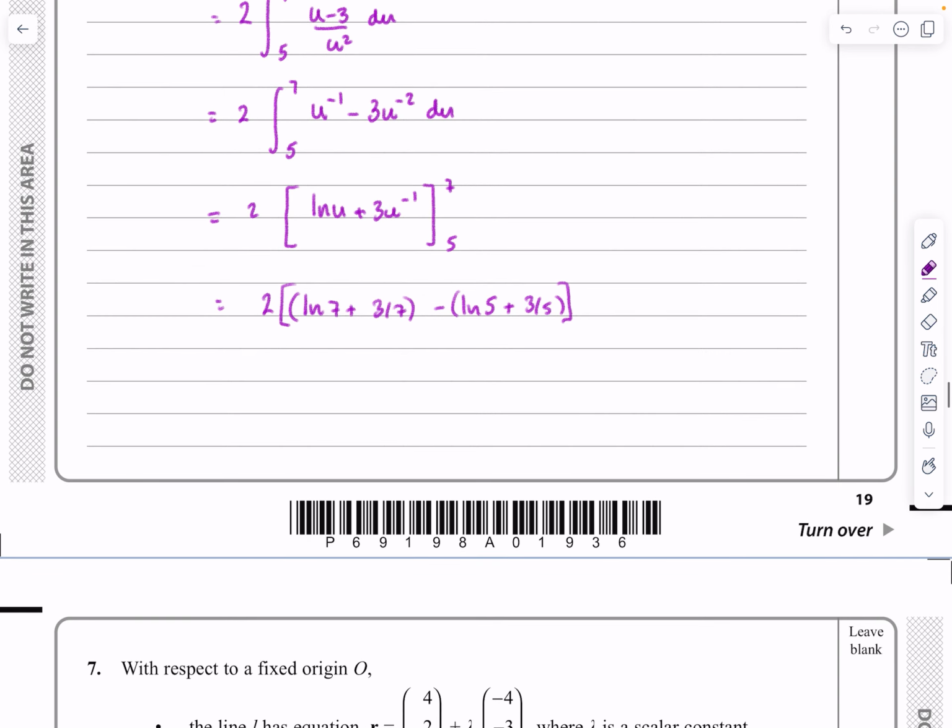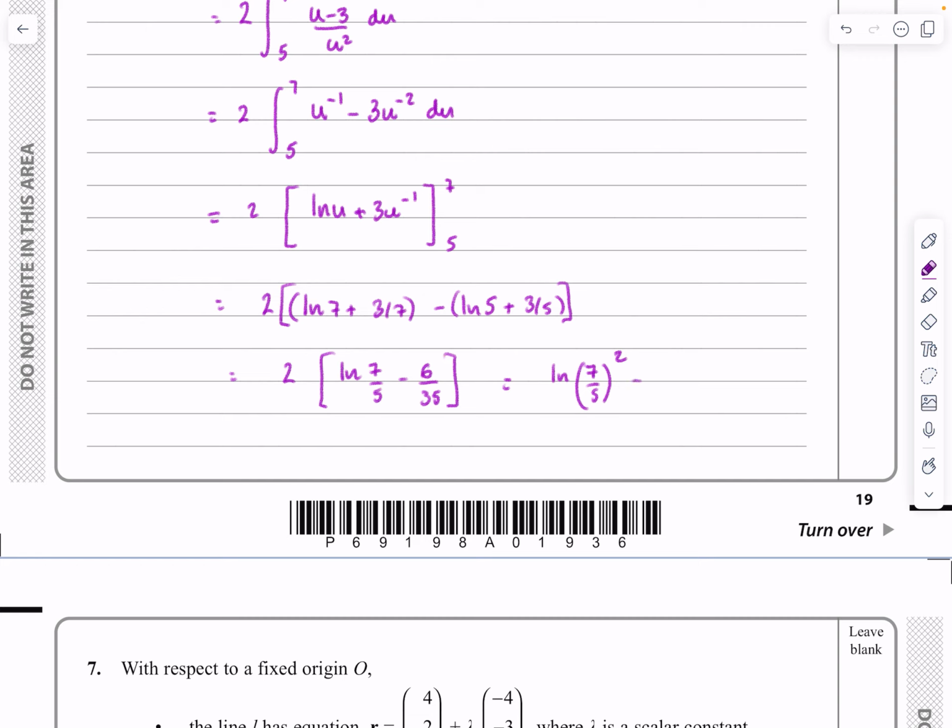So I've got to combine the logs. Log 7 minus log 5 is log 7 over 5. And then 3/7 take away 3/5, and do that on the calculator obviously, is minus 6 over 35. But even that would not be good enough now as an answer. I've now got to have it in the format they want. So 2 log 7 over 5, we can make that log (7 over 5) squared, can't we?